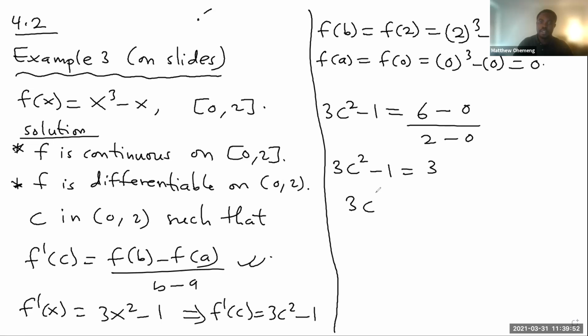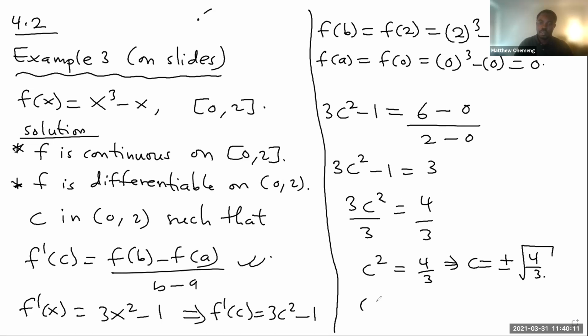And then 3c squared equals 3 plus 1, that is 4, right? So divide both sides by 3. You have c squared equal to 4/3, right? So that means c equals plus or minus the square root of 4/3, which is 2 over square root of 3.